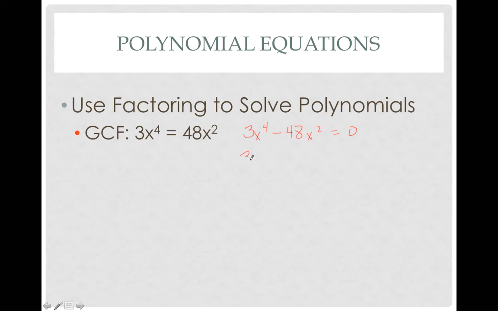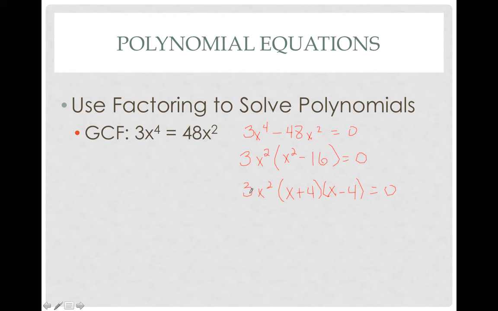So in this case, they both have a 3 and they both have an x squared. So when I take that out of the 3x to the fourth, this would become x squared. And I took all the x's out, and a 3 out of 48 becomes 16. And after we factored out that GCF, we can say that 3x squared times, well, x squared minus 16 is x plus 4 and x minus 4, equals 0.